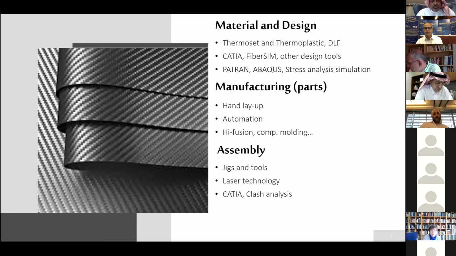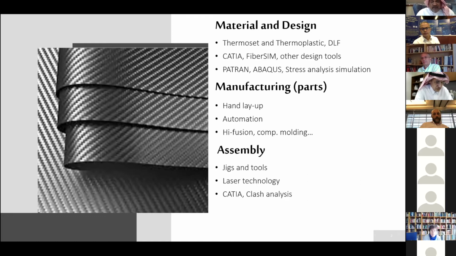It's very important. So we have multiple tools in the design, like FiberSim, Abaqus, Patran, and Nastran for simulation and stress analysis. With the advanced tools we have today, we are really projecting how to see the part after we design it.